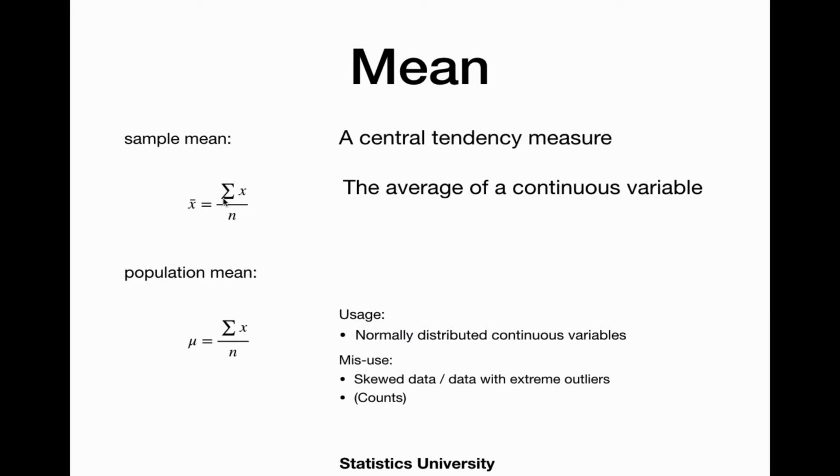It is the sum of x, where x is just the value of an observation in an individual. So we take the sum of those values and we divide it by n, which is the number of observations. And the population mean can be calculated in the same way, but is denoted by the Greek letter mu.